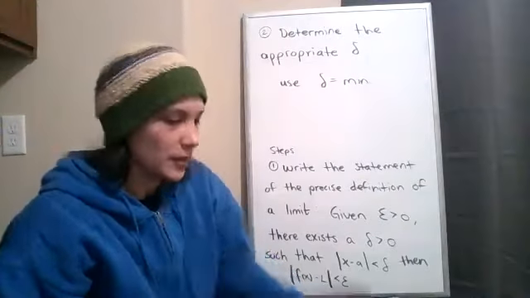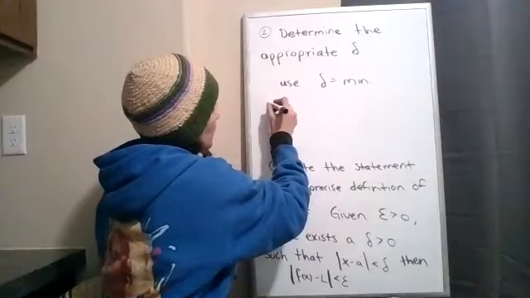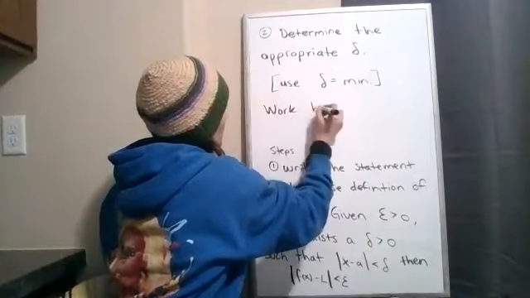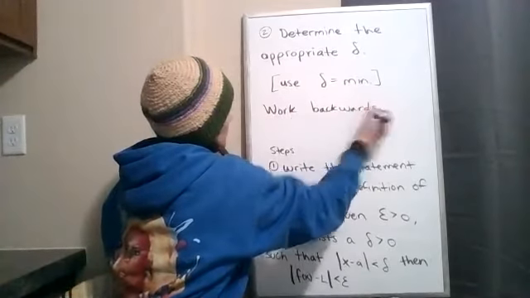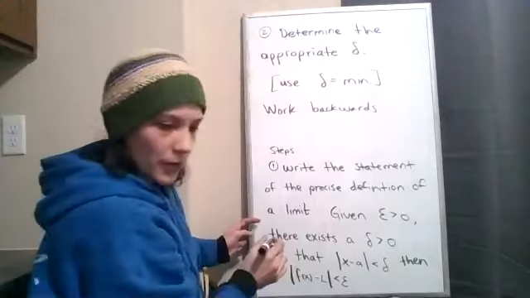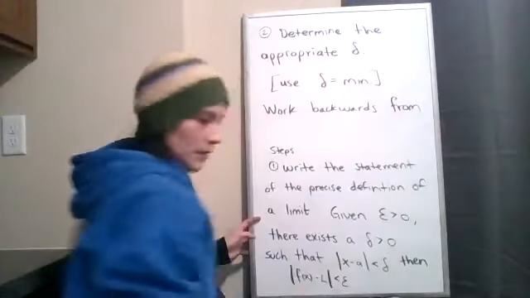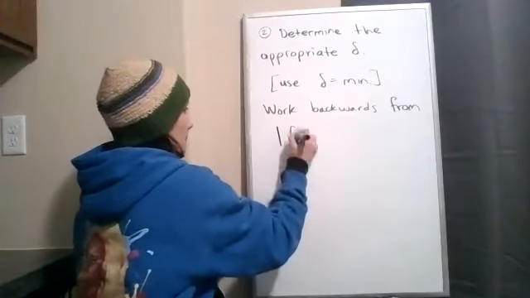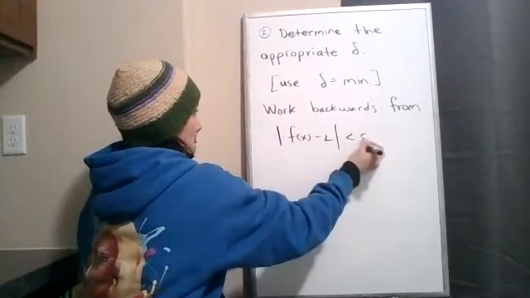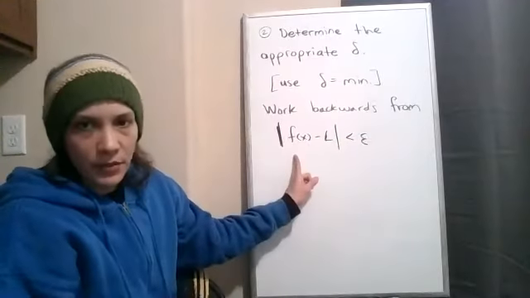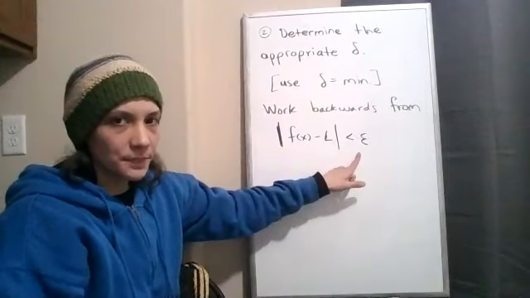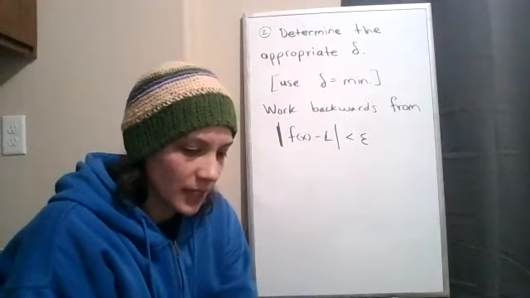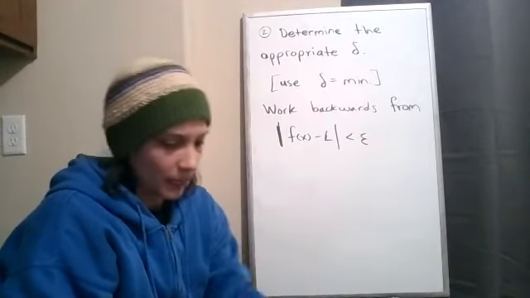Oh, also I put a note, work backwards. Work backwards from the part where you have the absolute value of f of x minus L less than epsilon, and you'll get some kind of delta, the smallest value for delta, and then write your proof.